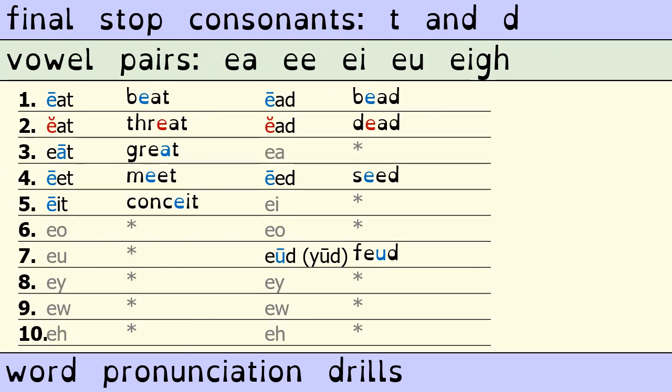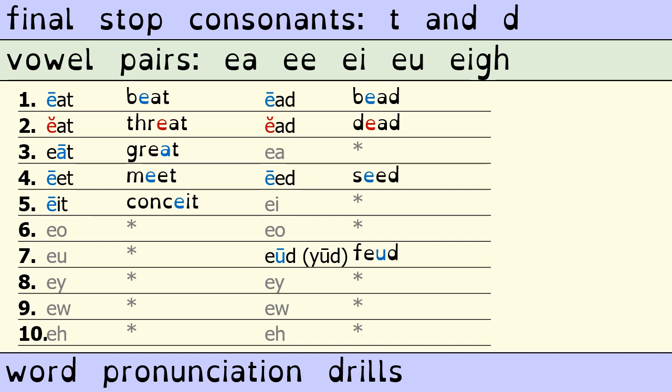Next, vowel pairs beginning with E. Repeat after me. 1. Eat, beat, eed, bead. 2. Et, threat, ed, dead. 3. Ait. Great. 4.